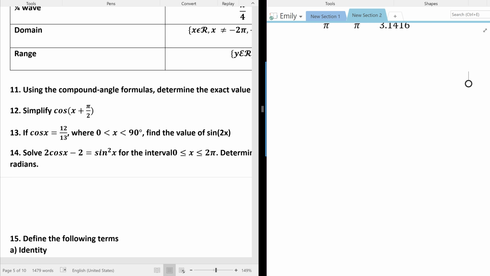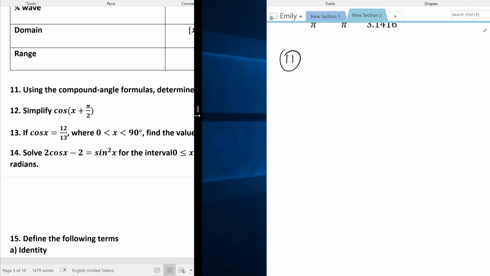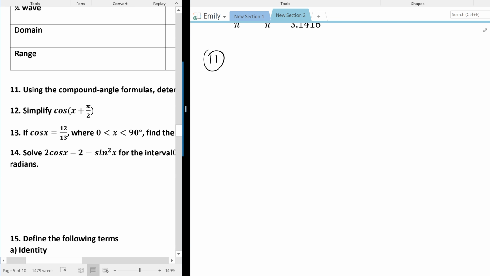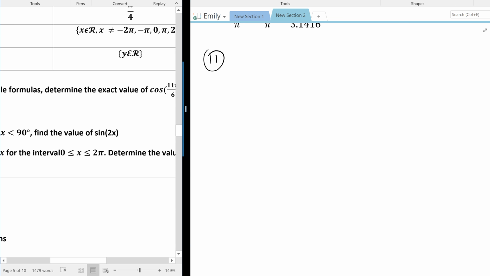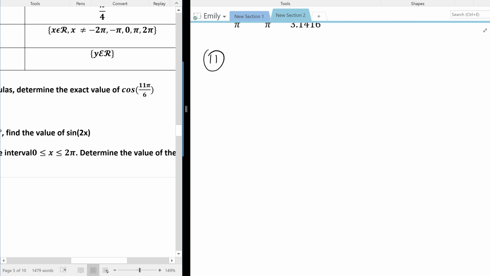Number 11. So according to number 11, we have to determine the exact value of cos of this thing.